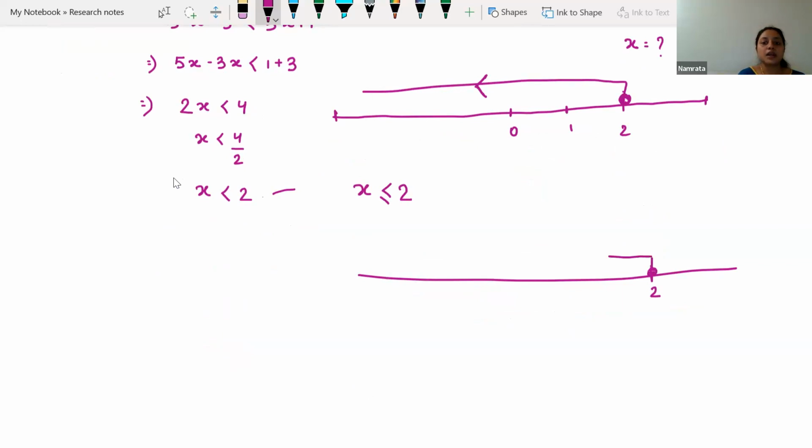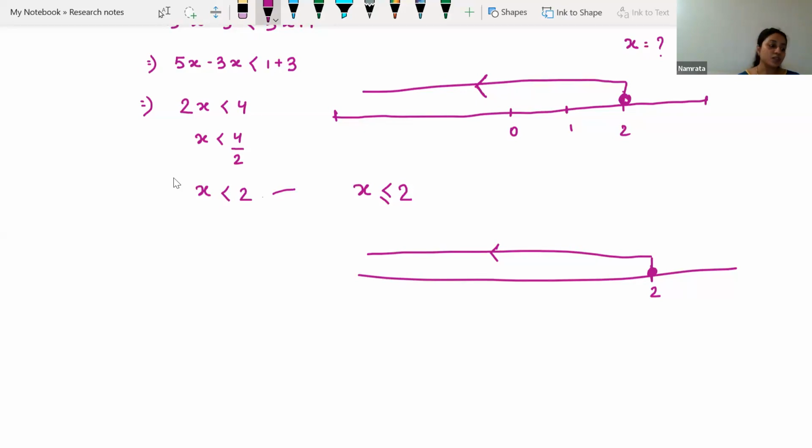Solid circle and lesser than 2 means this side. So the solid circle tells that x is touching 2 as well, that is why I filled the circle. And when we keep the circle hollow like this, it tells that x is not touching 2, x is only smaller than 2. It's going on the left hand side, so obviously it's smaller, right? Yes, ma'am. So this is how we will be representing on the real line.